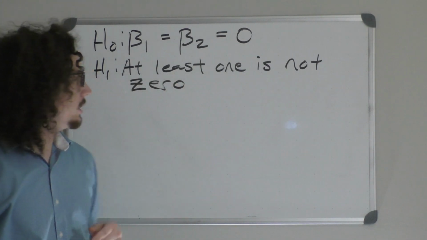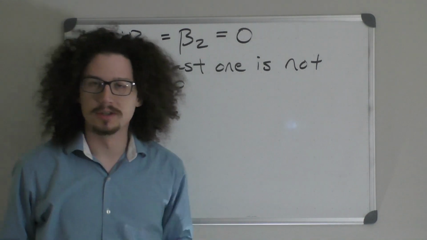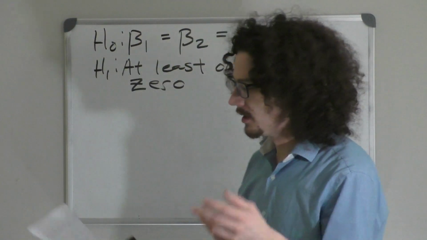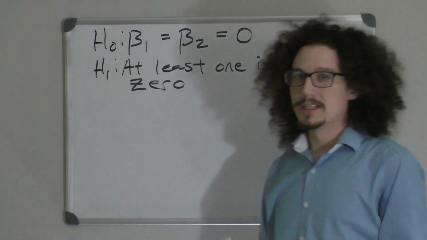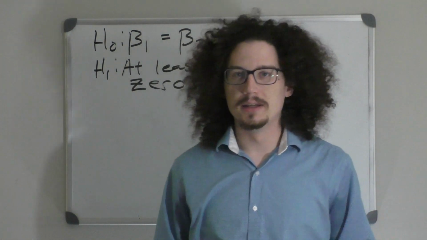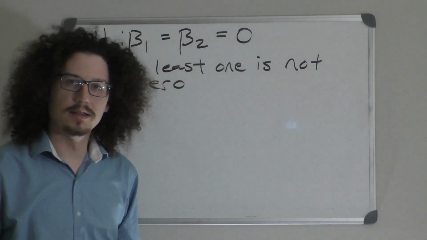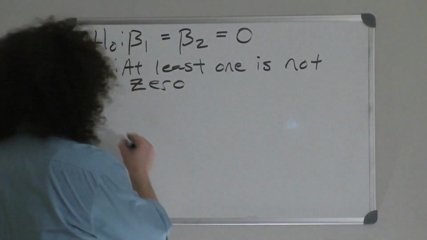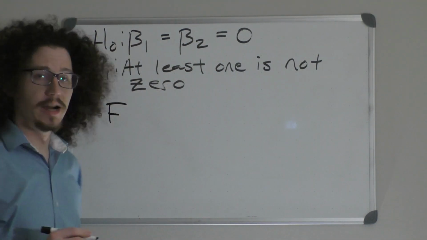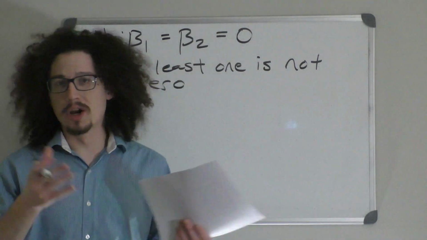And then our alternative hypothesis, I wrote this slightly differently, but it gets the point across: at least 1 is not 0. I started to do the ANOVA alternative, but it's all right. However you want to write it, that's fine.